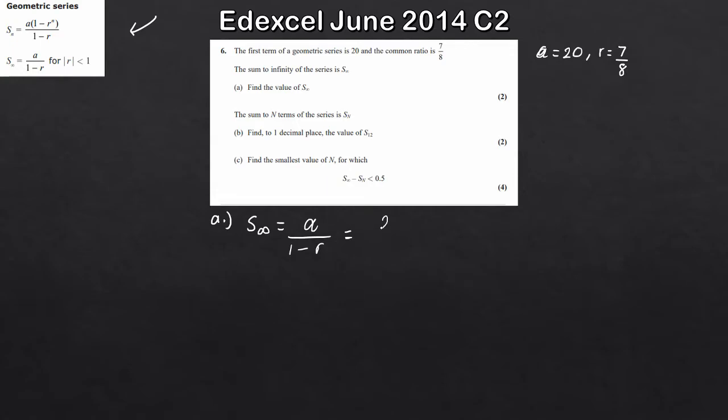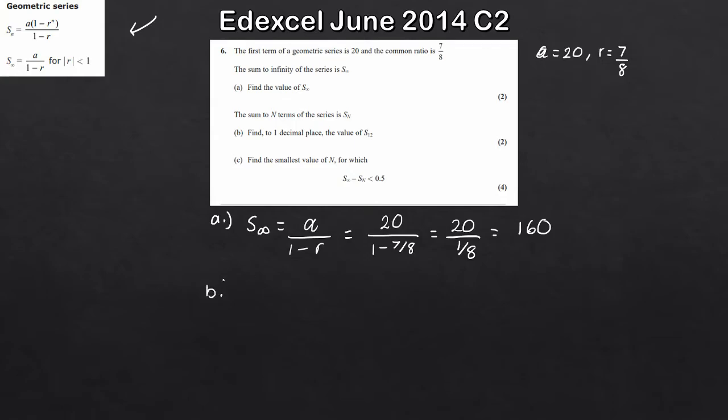So 20 divided by 1 minus 7 over 8. The denominator will simplify to 1 over 8. So that's 20 divided by 1 over 8, and obviously you can take that 8 on top and times it by 20 to give us 160 over 1, or just 160. Okay, so that's the sum to infinity of the series.